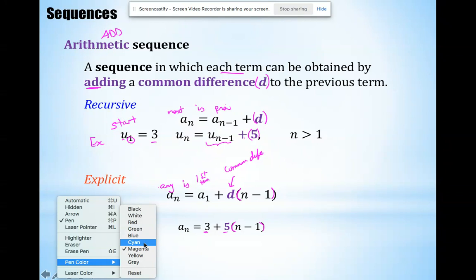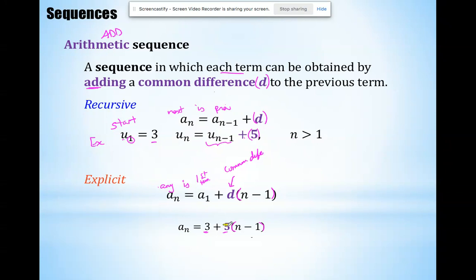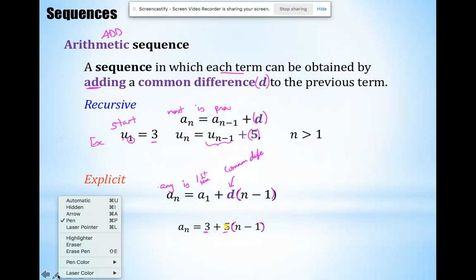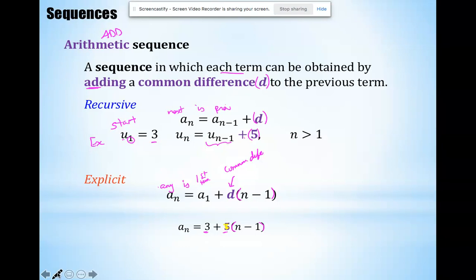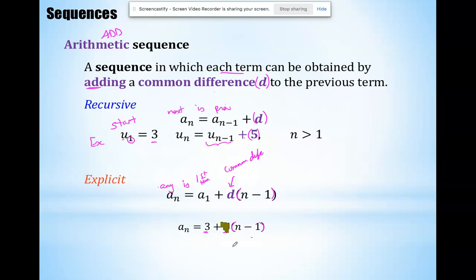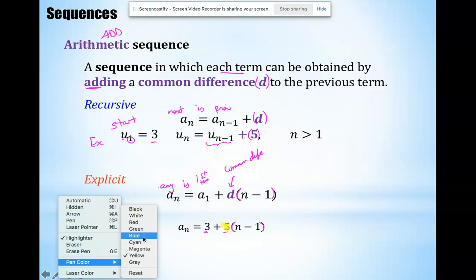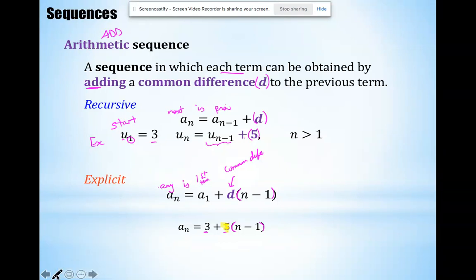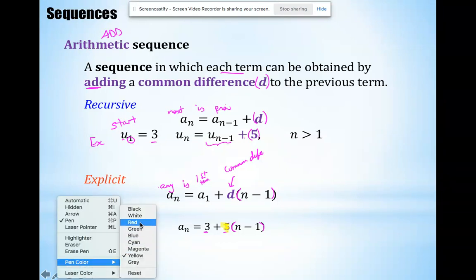Hello, slope. It's been a long time. That's the equation of a line. It's just that we're dealing with discrete values.